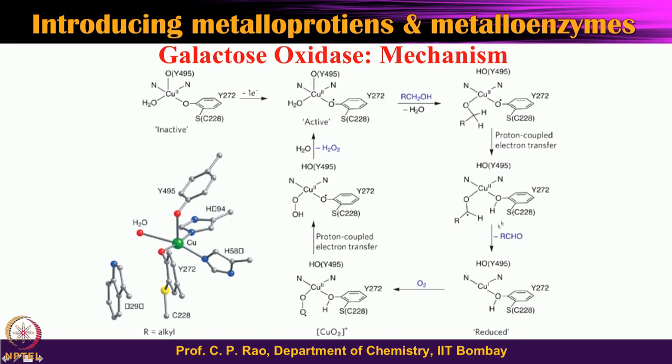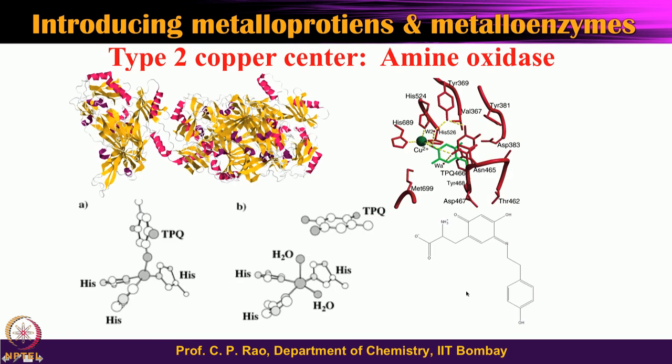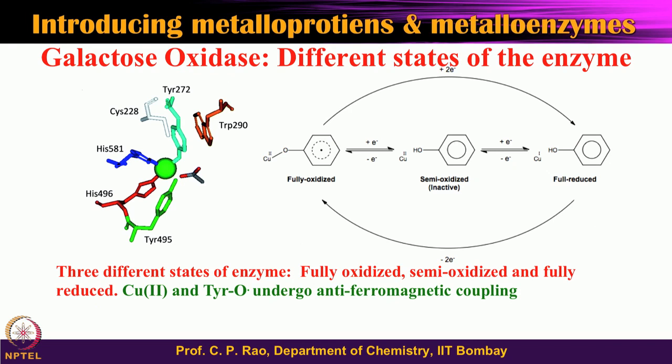The aldehyde out is shown as minus RCHO here, as you can see. Okay. Now, the enzyme is fully in the reduced state, as you could see in the previous slide. So, it is the fully reduced enzyme, it has to get reoxidized.